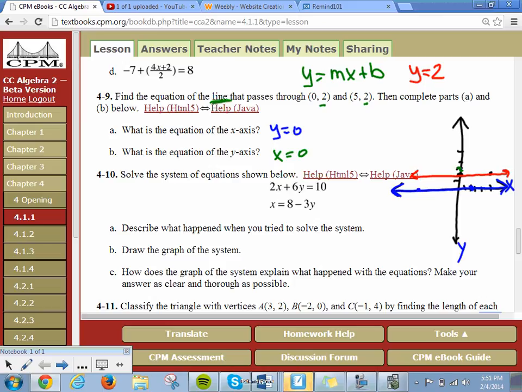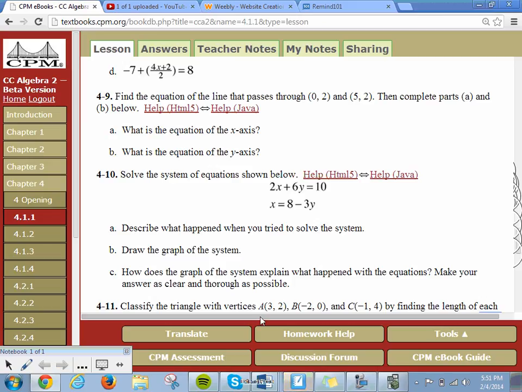So for the y-axis, we're going left to right 0 and up 3, left to right 0, down 3. And so x is always equal to 0 on your y-axis, and for your x-axis, y is always 0. So thinking opposites might be a little bit difficult, but trying to graph it, picking points and plotting them is a really helpful way to look at it.